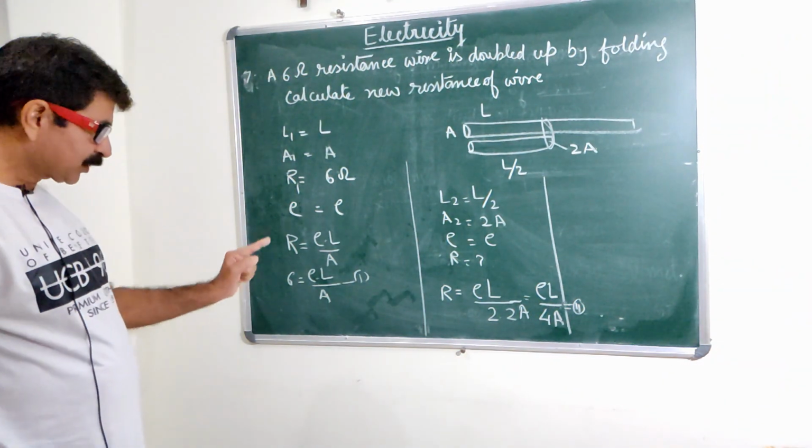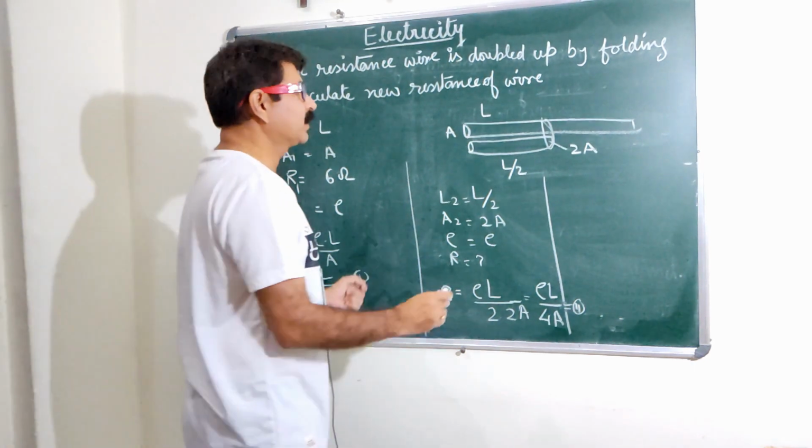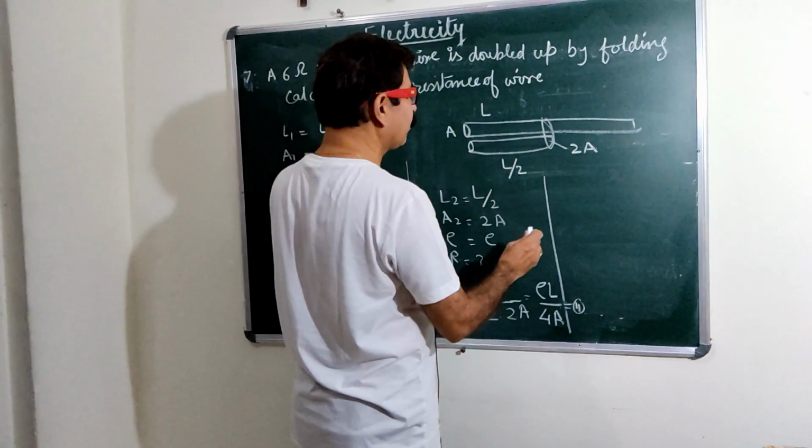Now divide equation 2 by 1. हमने 2 by 1 से divide किया.